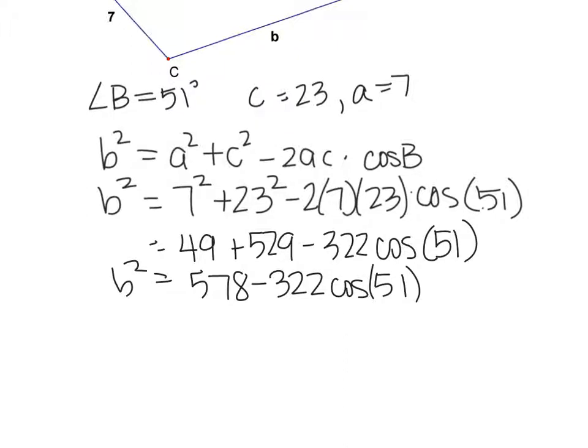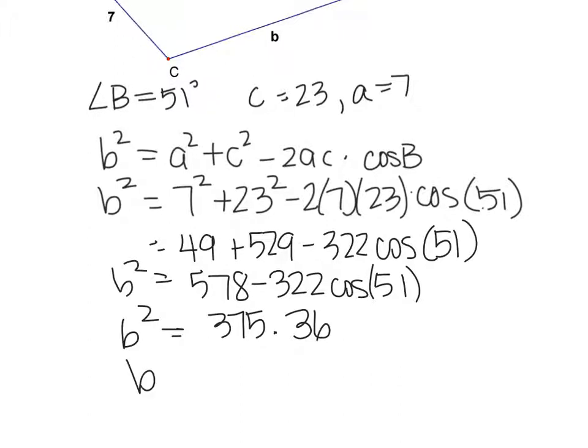Here's where we're going to round. 578 minus 322 times the cosine of 51, and we get b squared is about 375.36.